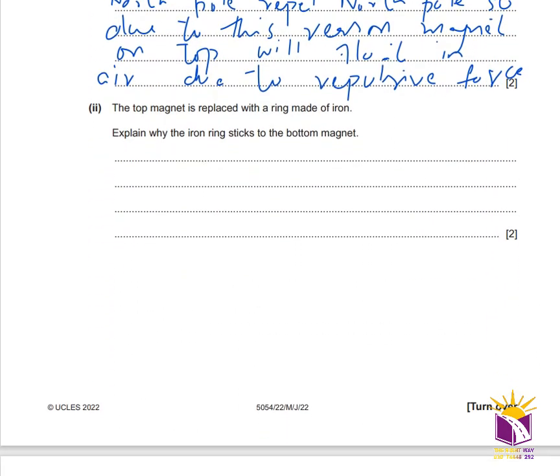Now the top magnet is replaced with a ring made of iron. Explain why the iron ring sticks to the bottom of the magnet. Iron can be magnetized.